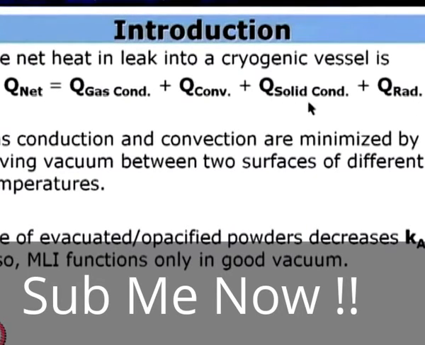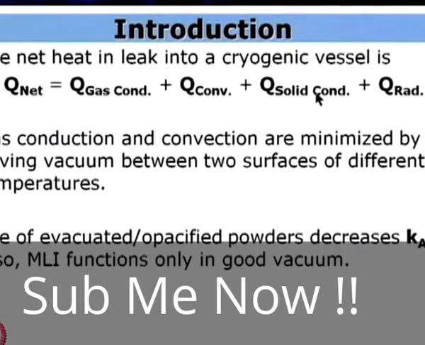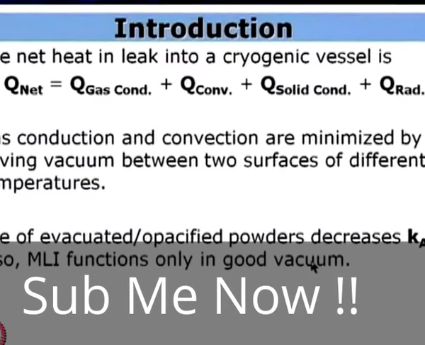Solid conduction is taken care of by different aspects, having very small size perlite powder or having spacers. We know that an optimum number of MLI layers could be used, so that Q solid conduction also could be minimized. So, MLI can definitely reduce Q radiation, and it will also minimize Q solid conduction. And we know that all these powders and also multilayer insulation work only when good vacuum is there.